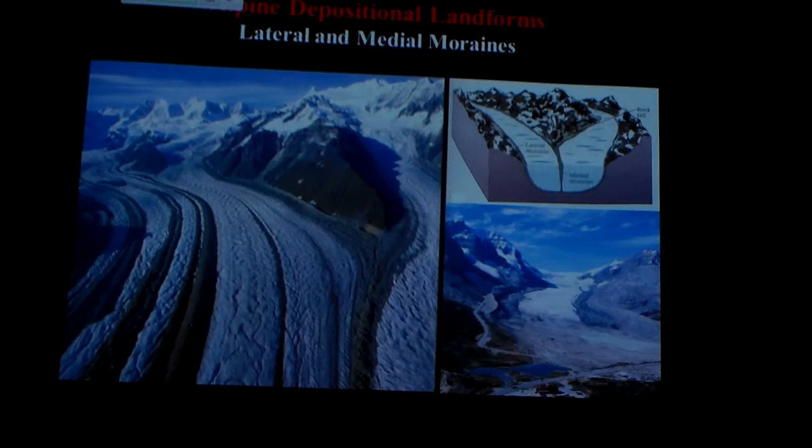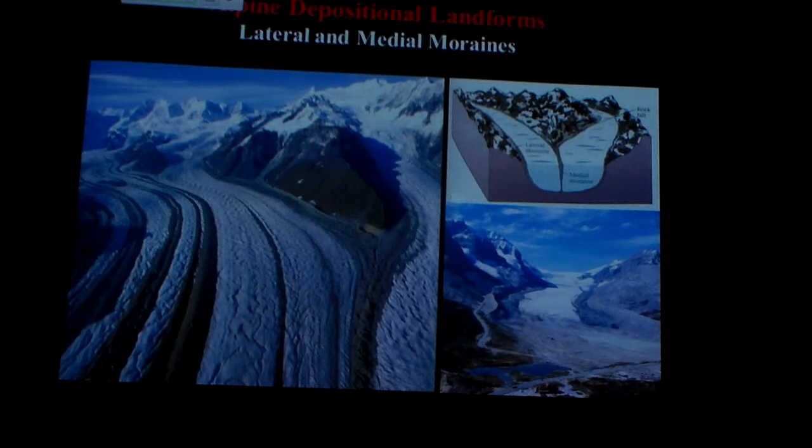Each one of them representing a past lateral moraine merged with another lateral moraine. So that means it's had 9 sources of input, 9 different cirques feeding into this glacier at this point. So you can just see how this is occurring. Our lateral moraines merging to form medial moraine.